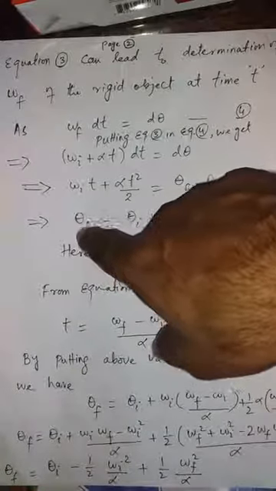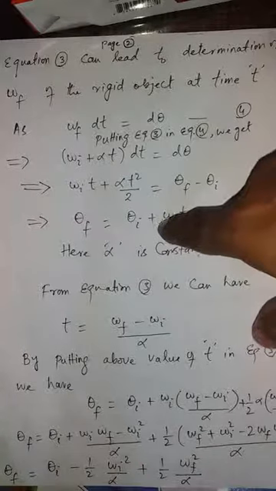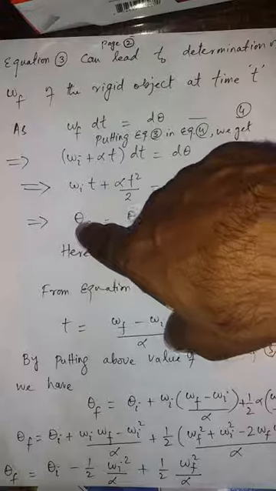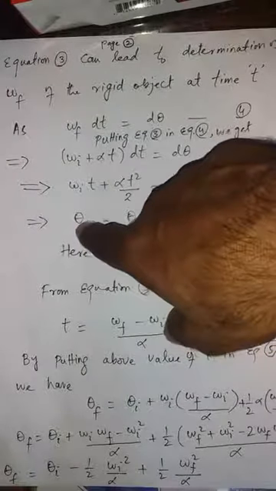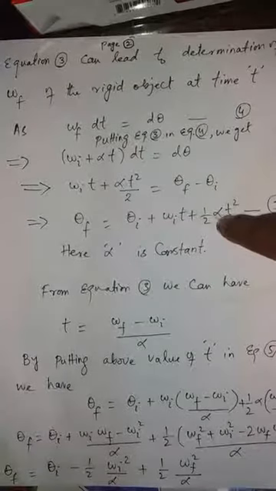For a comparison between angular and linear motion, we replace theta with s, omega with v and alpha with a.